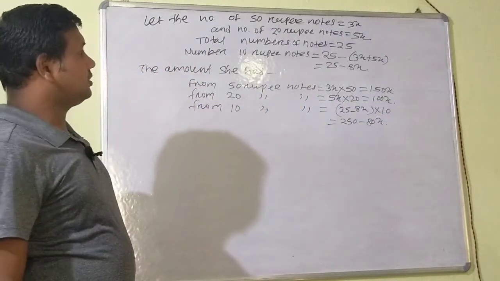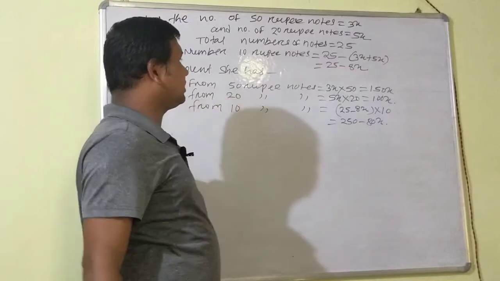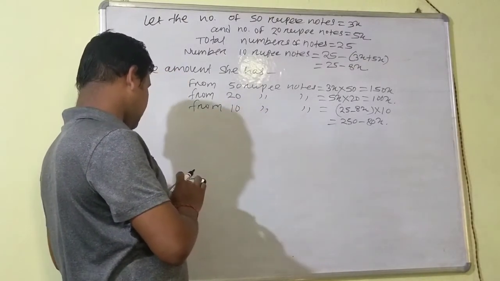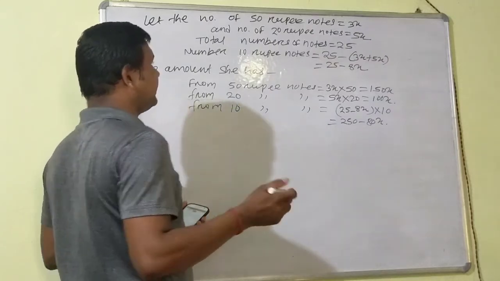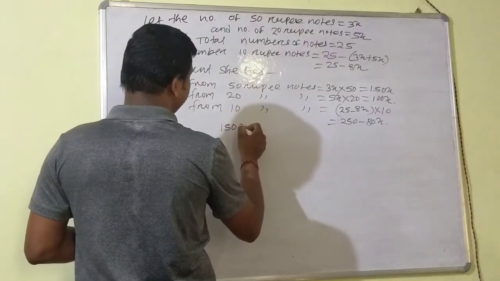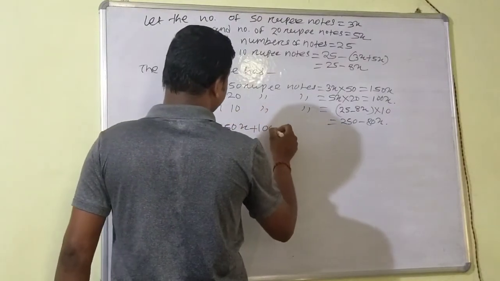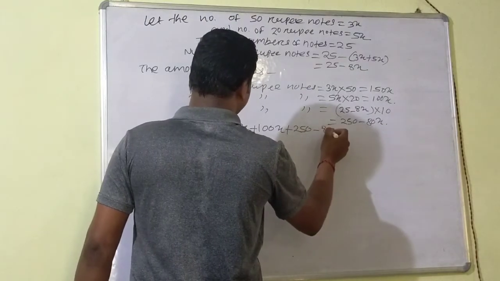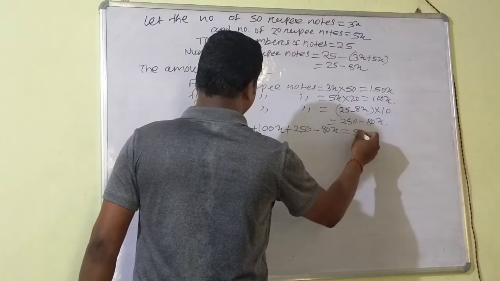Their sum is given as 590. So we will write 150x plus 100x plus 250 minus 80x equal to 590.